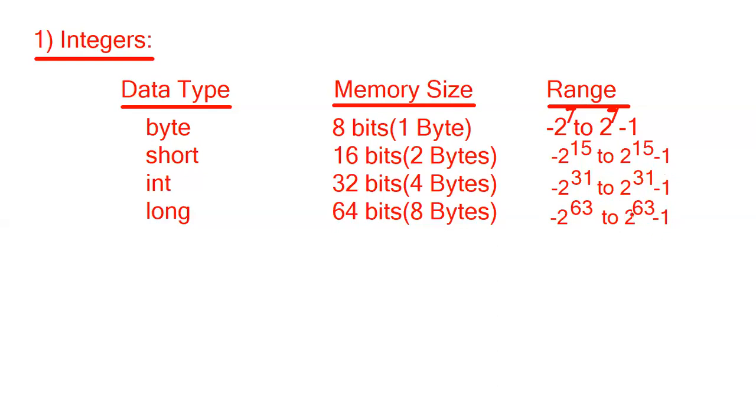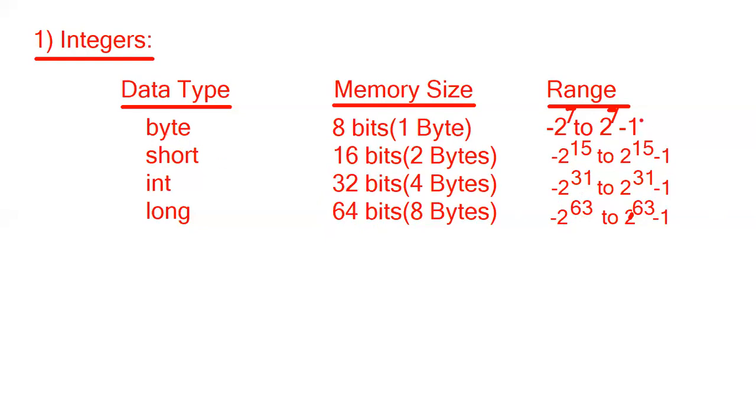You observe, it is very simple. Here 8 is there, no? Here 7 is there. Here 16 is there, no? Here 15 is there. 32, 31, 64, 63. One less.